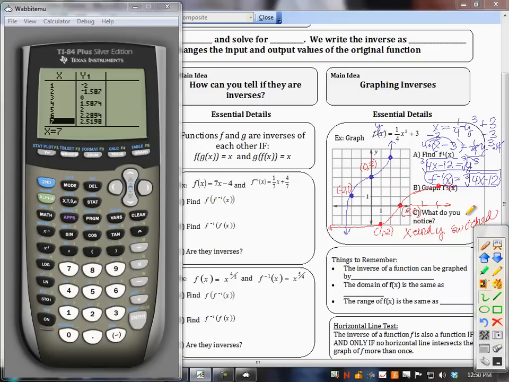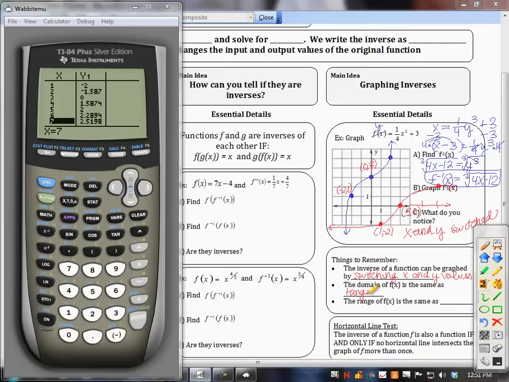So let's talk about how this relates. The inverse of a function can be graphed by switching the x and the y values in points. Okay? When I talk about the domain of my blue function, my original, domain means x's, it's exactly the same as the y values in the red one, and y values are range.